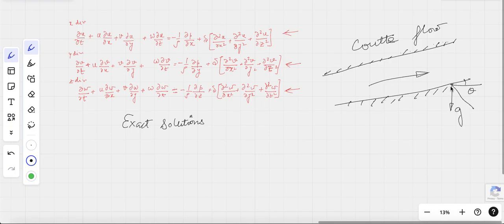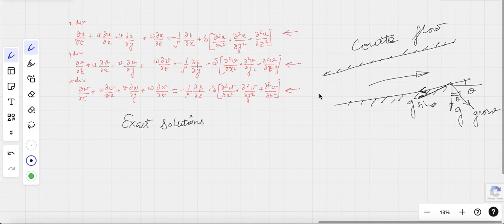So this and this will be the two components, right? If this is theta, then the perpendicular of this line will also have the angle theta. So g cos theta, g sin theta.